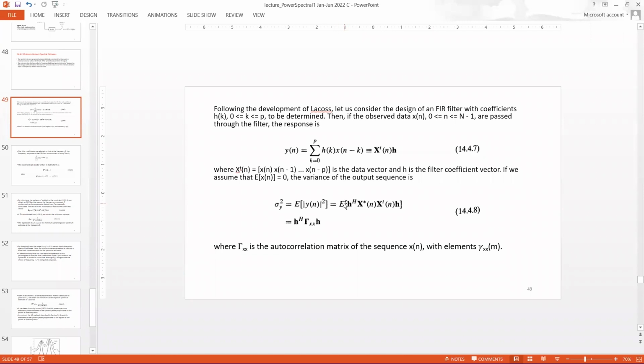E is the expectation, the statistical average. This E is the estimated or expectation, which is the statistical average of the sample, and this can be written this way: h then gamma xx correlation and last one x.